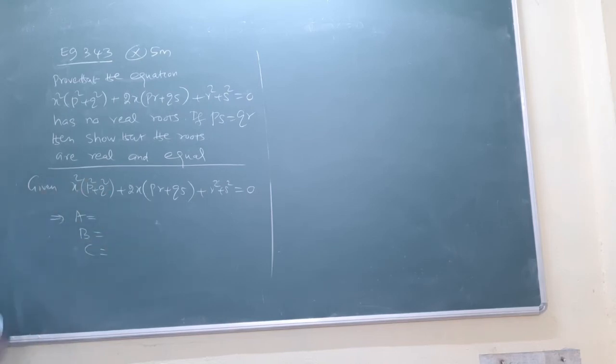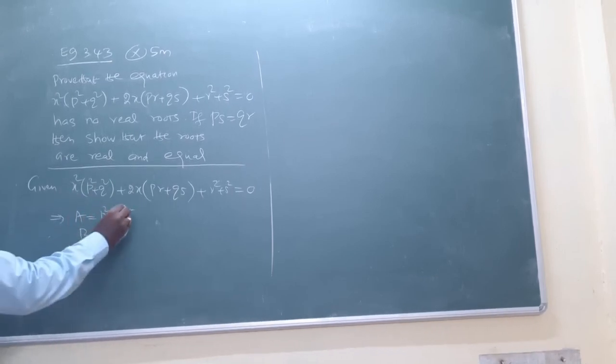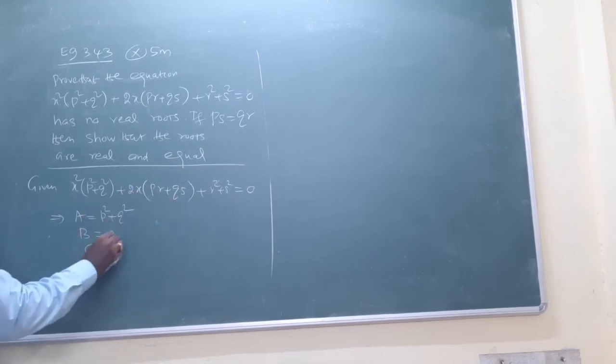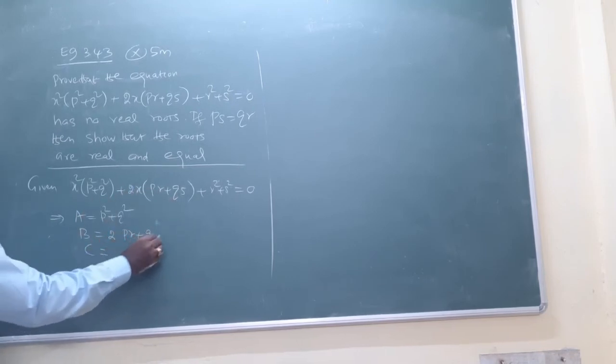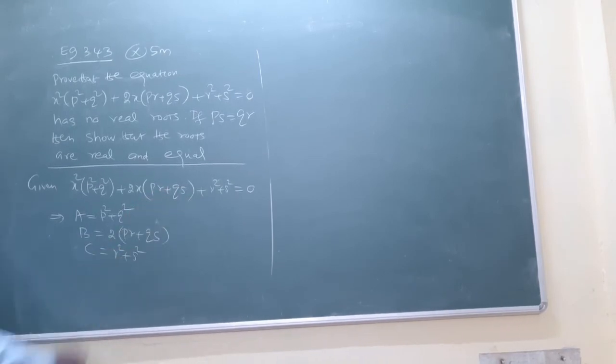Now the same concept: from the equation you want to get the values of a, b, c. Am I right? Here the coefficient of x² is p² plus q². The coefficient of x is 2 into (pr plus qs). The last one is r² plus s².